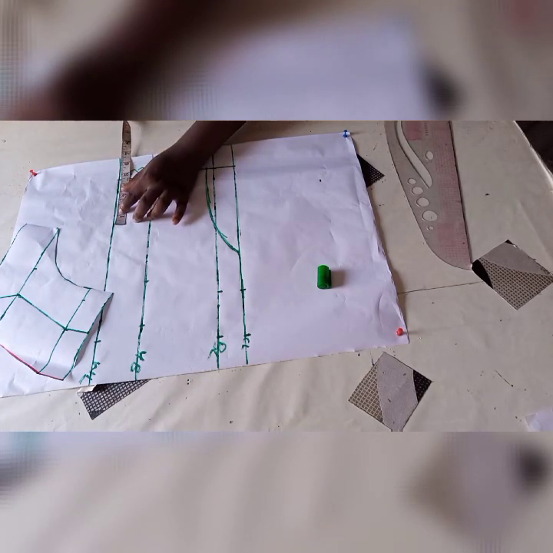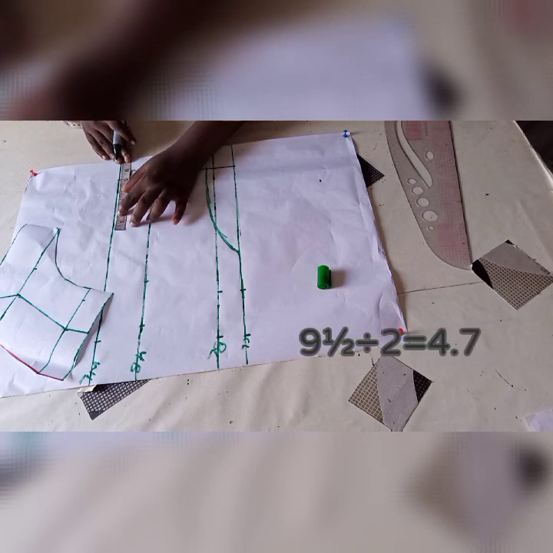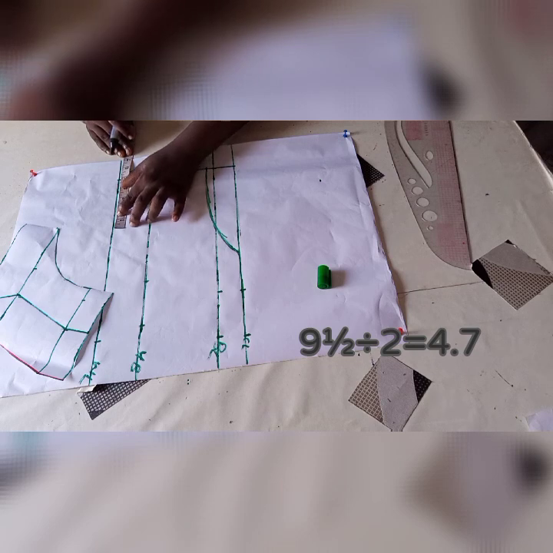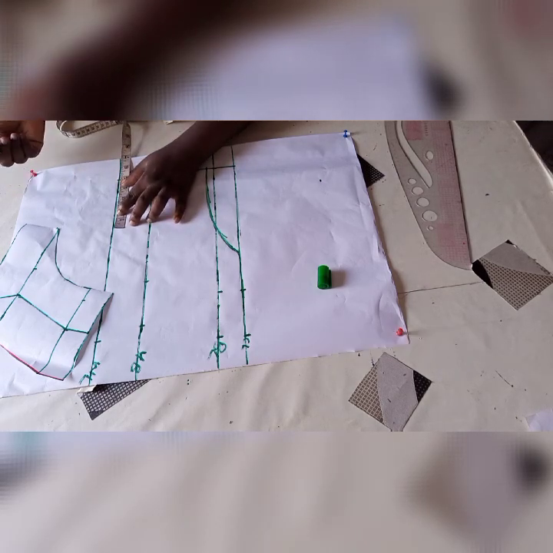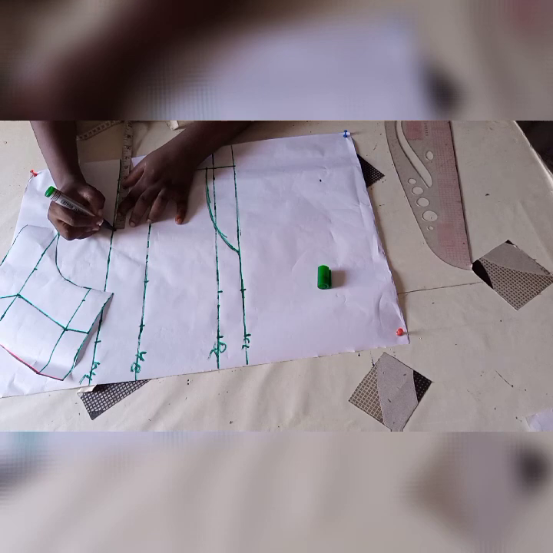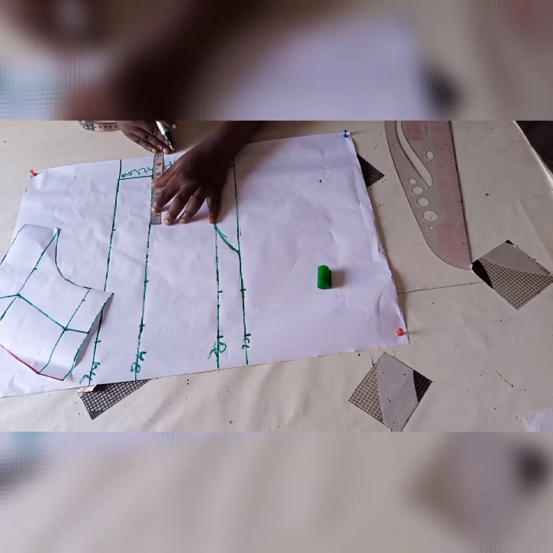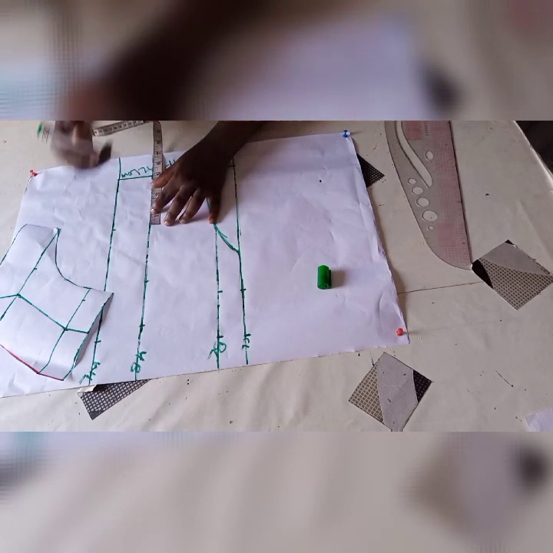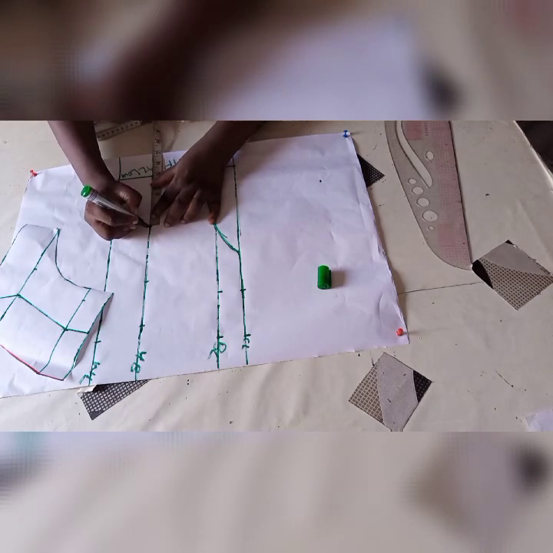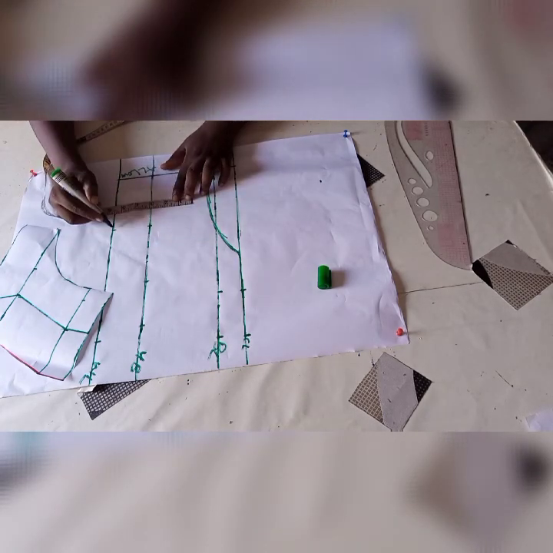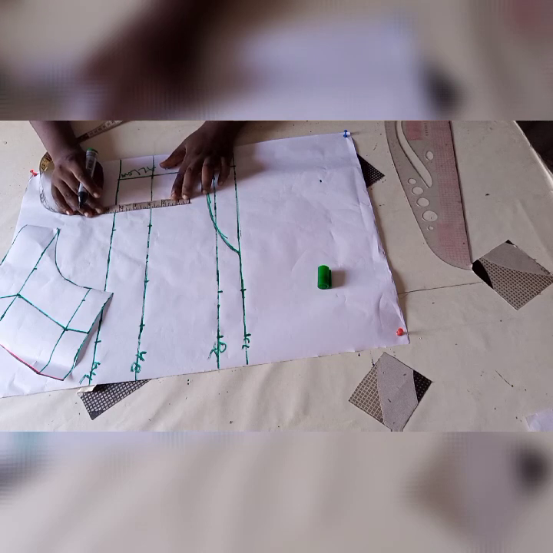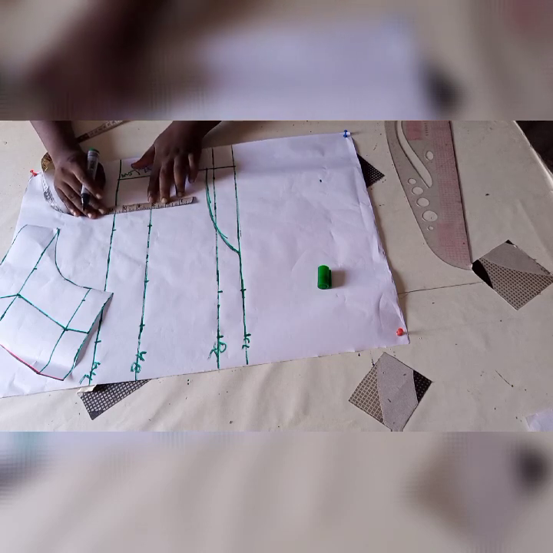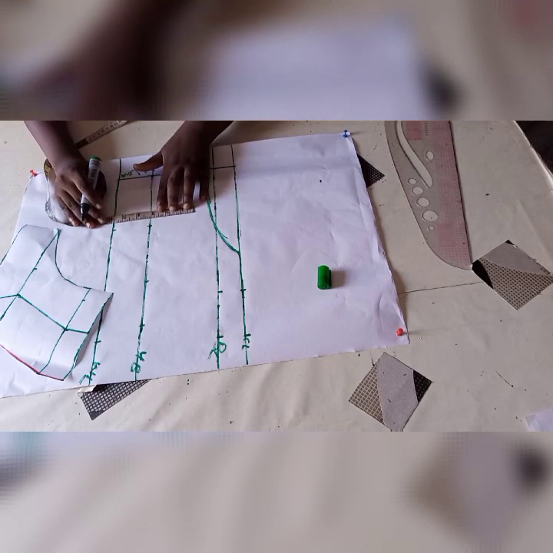I'll be using normal darts for the back. The bust span is 9.5. So we take our 9.5 from here. Measure 9.5 upward also at the under bust. So at this point, I'll go up by 5.5.